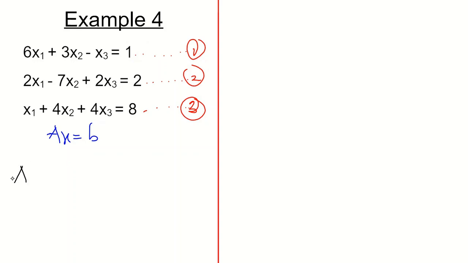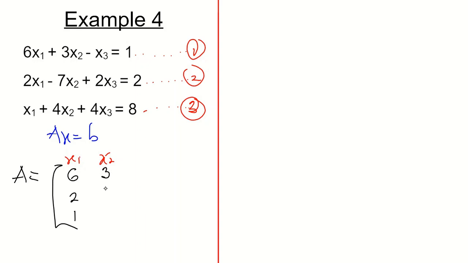So when you consider A, for x1, its coefficient in equation 1 is 6. And then the x1 coefficient in equation 2 is 2. The x1 coefficient in equation 3 is 1. In the same way, when we go to x2, the coefficient in equation 1 is 3.